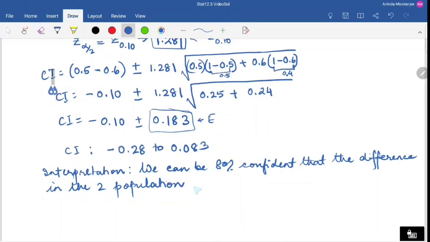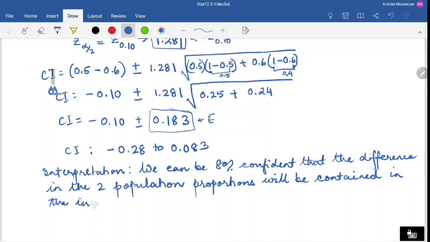The difference in the two population proportions will be contained in the interval between negative 0.28 to 0.083.